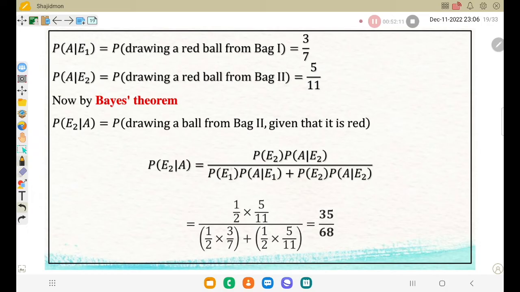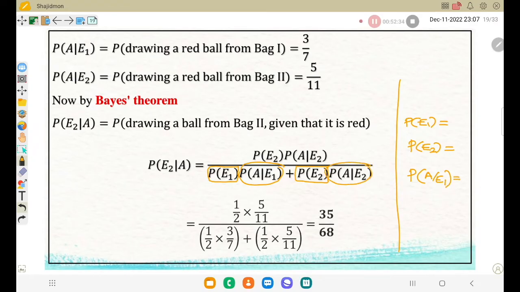Now what terms do we need to calculate? We need to calculate the probability of E1, the probability of E2, the probability of A given E1, and the probability of A given E2. The top side is also the same, the probability of E2 and the probability of A given E2.